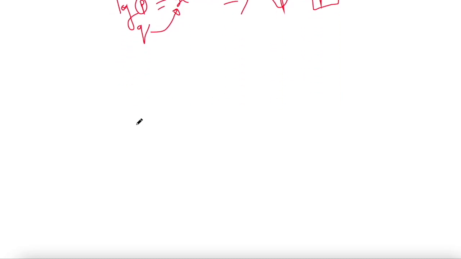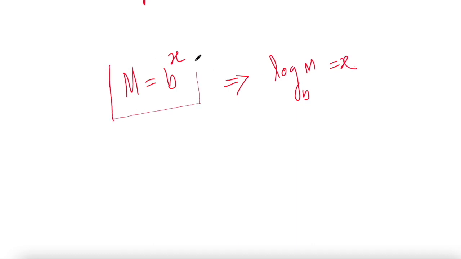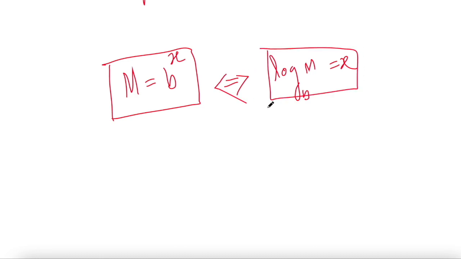Or if you are given m equal b to the power x, then from here you can write log m to the base b equal to x. So you should have the ability to move from here to here or from here to here. The two relations are inversely related to each other.